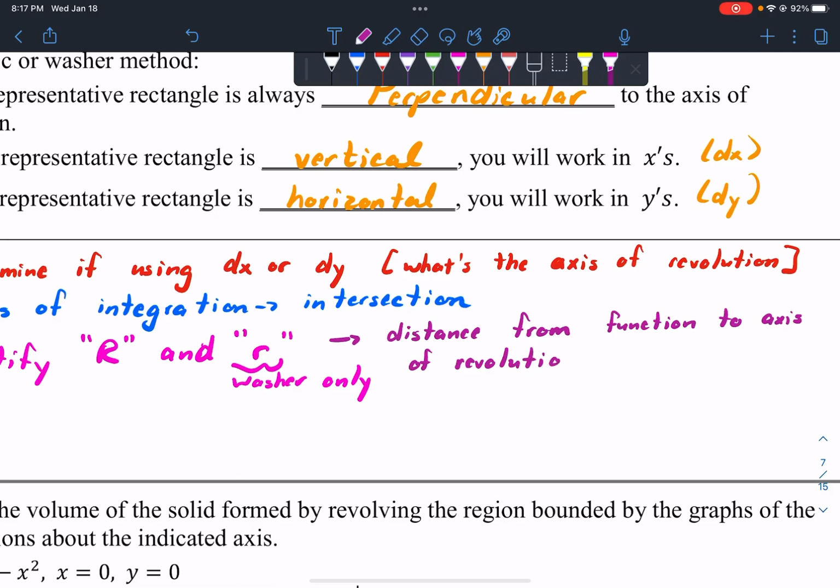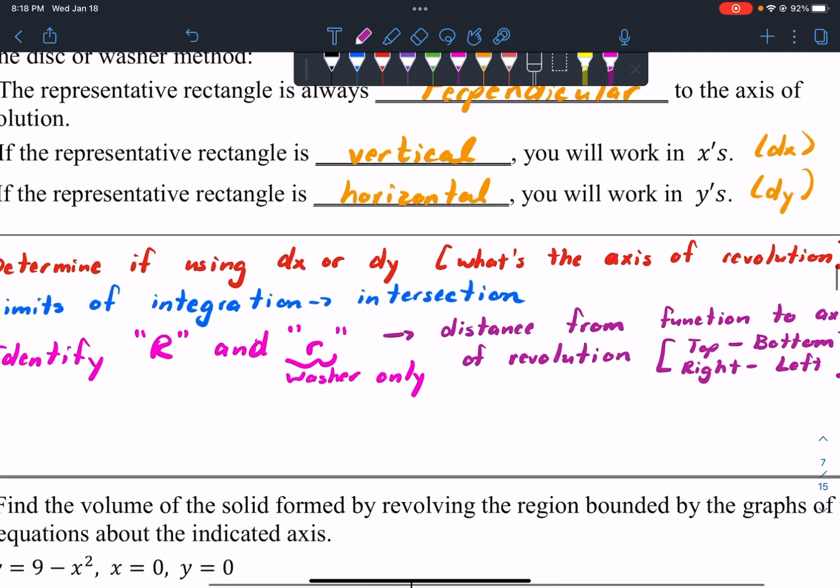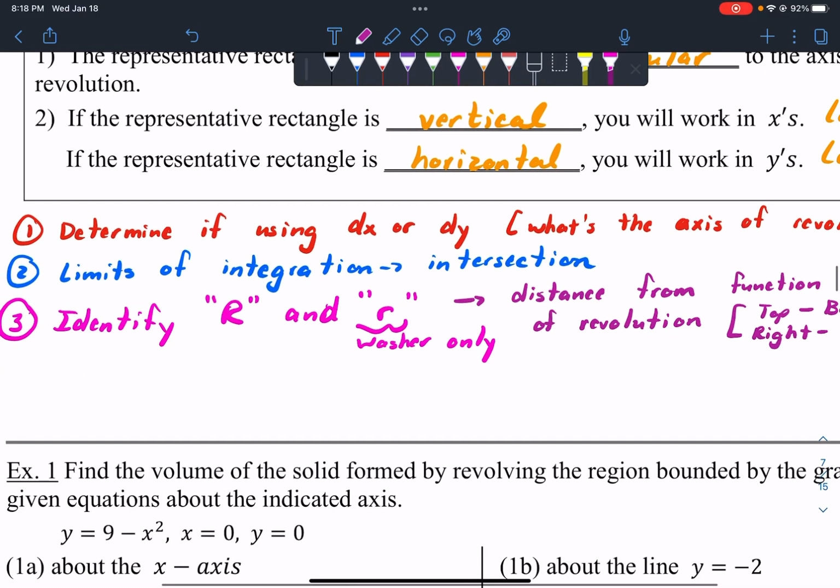This is where top minus bottom or right minus left comes into play. That's how you're going to find a distance between two functions, top minus bottom or right minus left. So identify big R and little r, and then all you need to do is set up the integral.